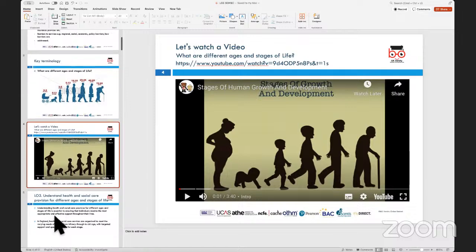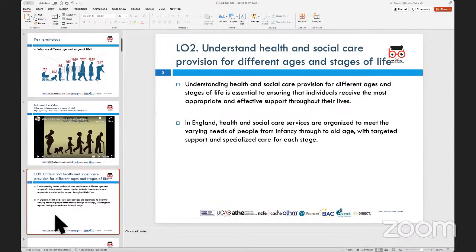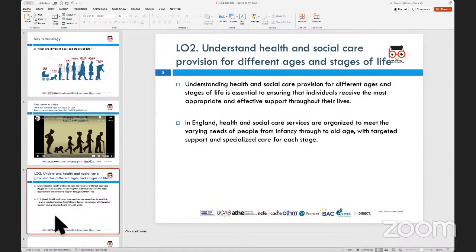Now, we'll talk about it through some slides first, just to understand the overarching message of this particular learning outcome, which focuses on the different ages and stages of human growth and development.